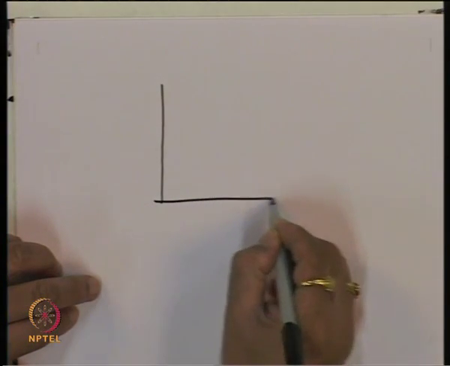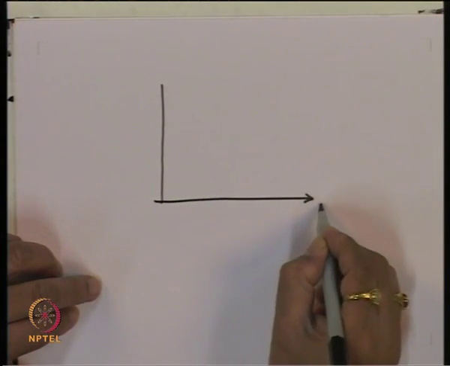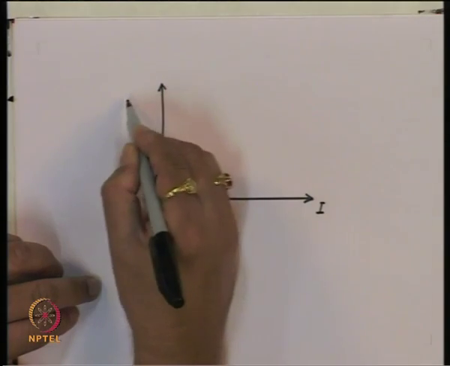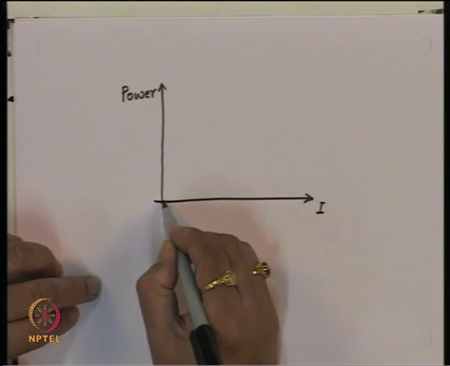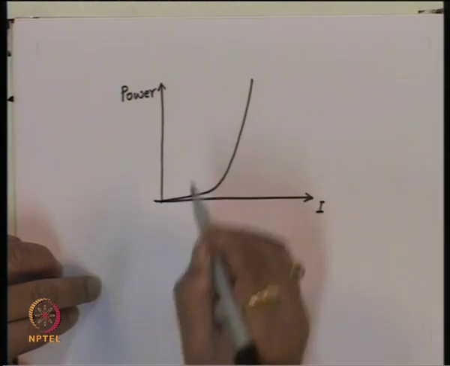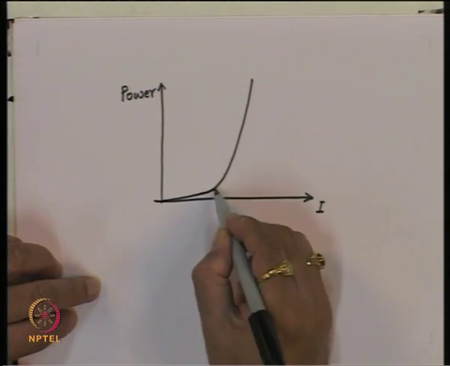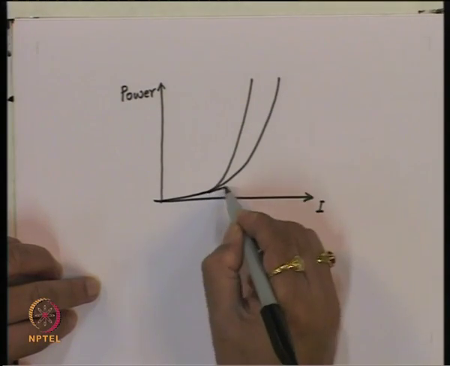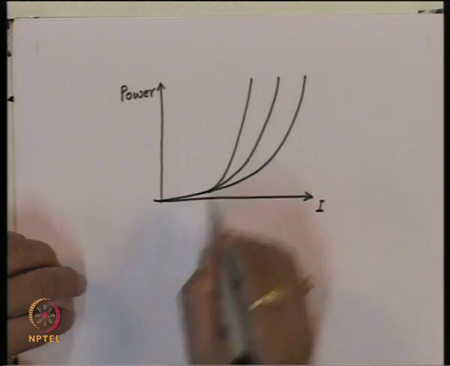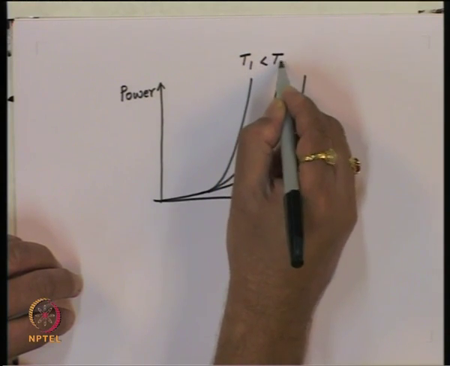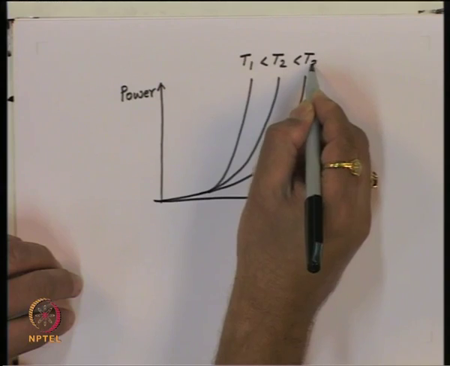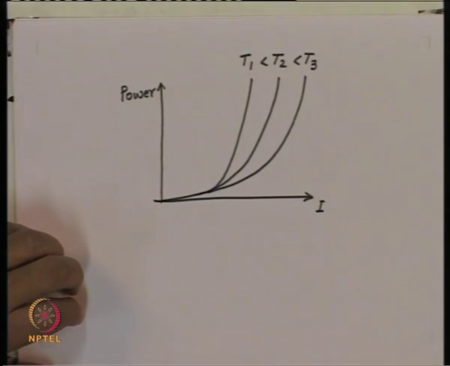So, if we ask how the threshold current will vary as a function of the temperature, this is power. At some temperature, I have a characteristic which will look like that. If the temperature increases, the thing will become like this, and so on, where this is T1 less than T2 less than T3 and so on, temperatures.